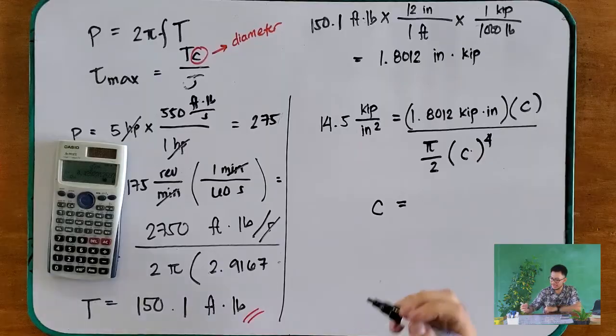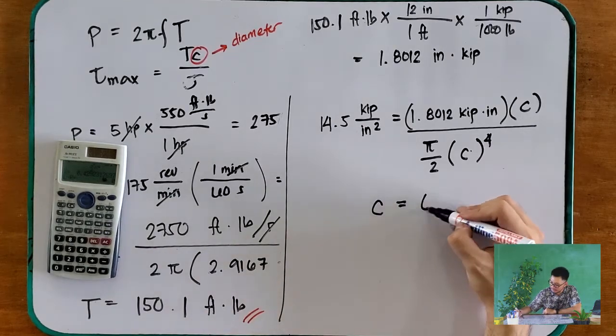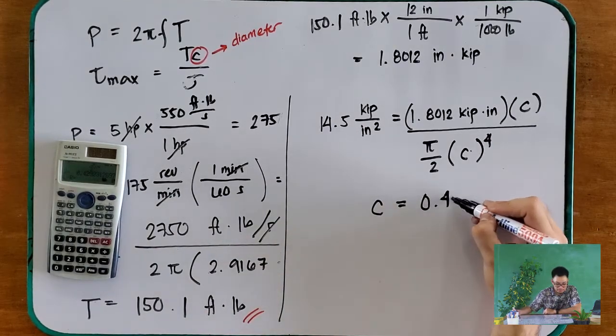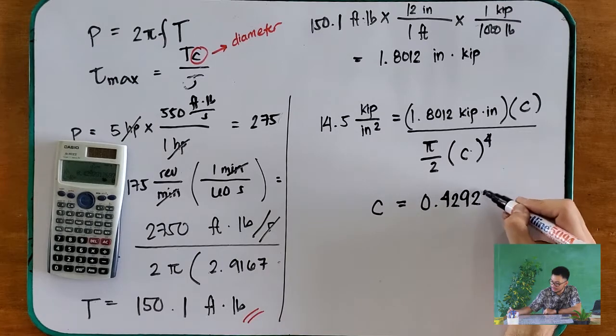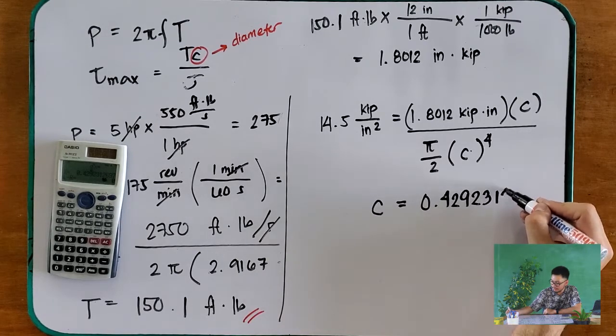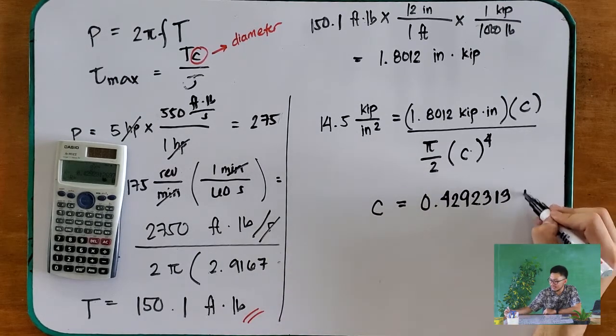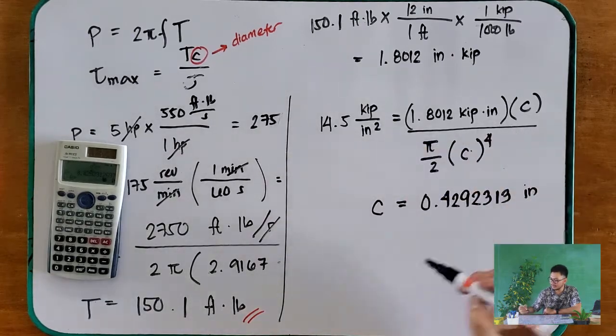There! Your answer for C is 0.429213. And that is in inches because everything here is in inches.